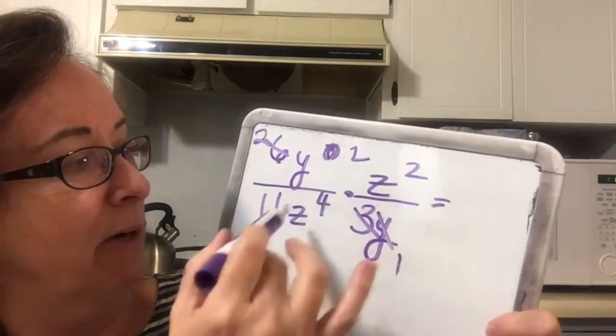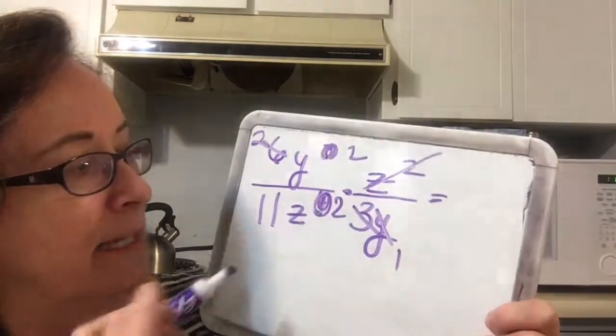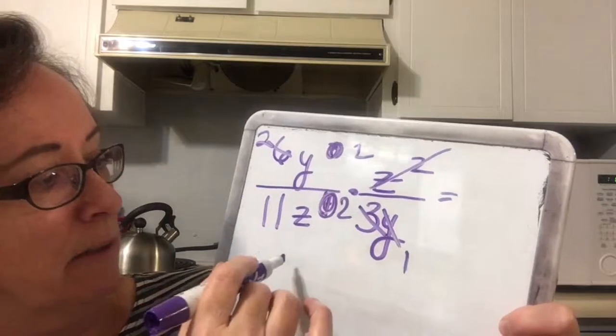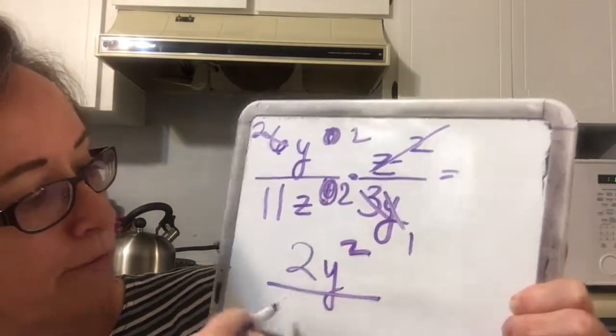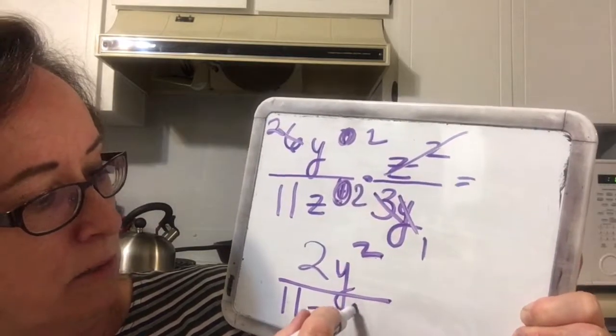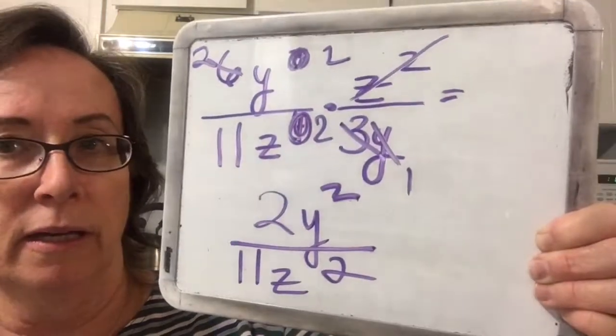I've got a z squared and a z to the 4th on the bottom, which I can cancel out, making it a z squared. And my final answer is 2y squared over 11z squared. Okay, 2y squared over 11z squared is correct.